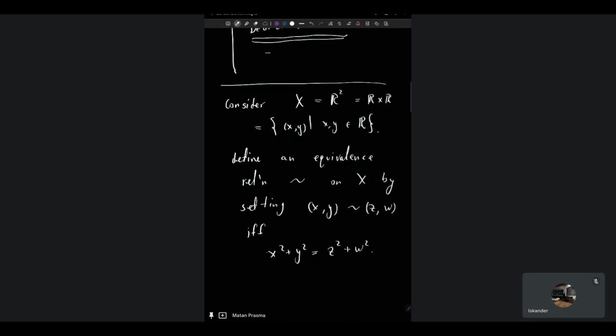And I leave it for you as an exercise to check that this is indeed an equivalence relation.